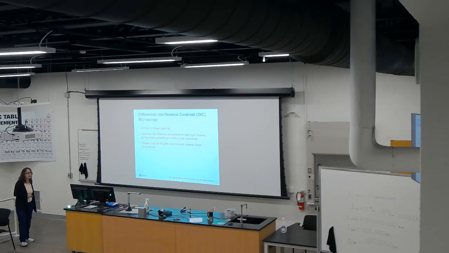So DIC, differential interference, is similar to phase contrast, in which you use two beams of light, and you will have prisms that can split this light, and then it gives you almost a three-dimensional shape with color.